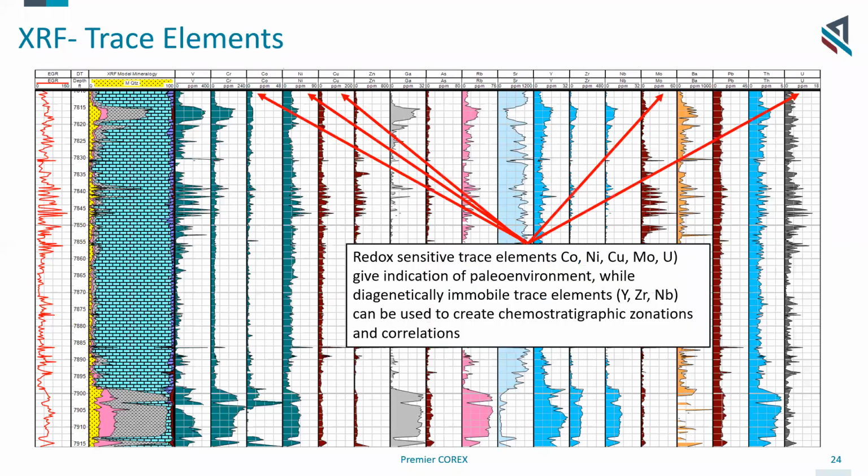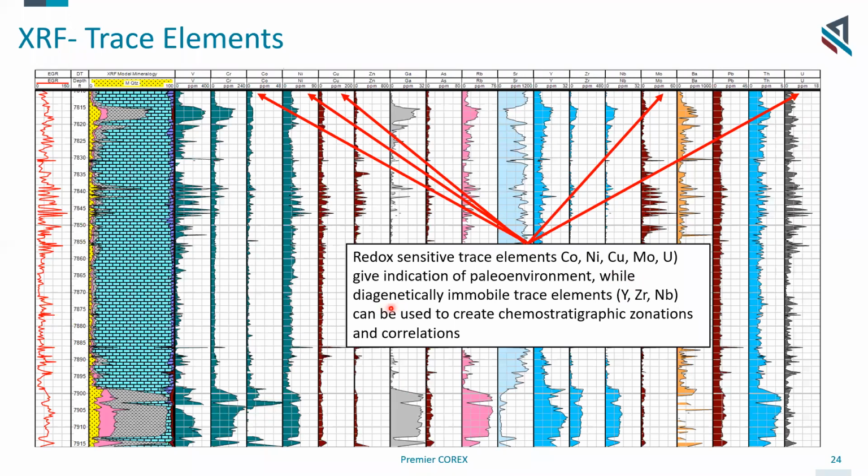So we've got the redox-sensitive trace elements: cobalt, nickel, copper, molybdenum, and uranium. They're giving perhaps an indication of the paleo-environment, so where they're higher, we've got quieter conditions.